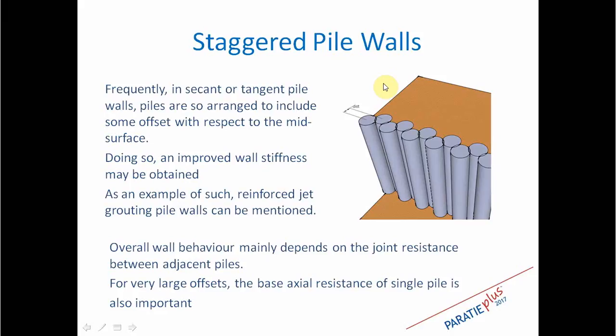From the mechanical point of view, in our opinion, this kind of LARSSEN wall may be considered very similar to what happens when you build a tangent or secant pile wall and you provide some offset in the direction normal to the wall midplane in order to provide some additional stiffness of the pile wall.